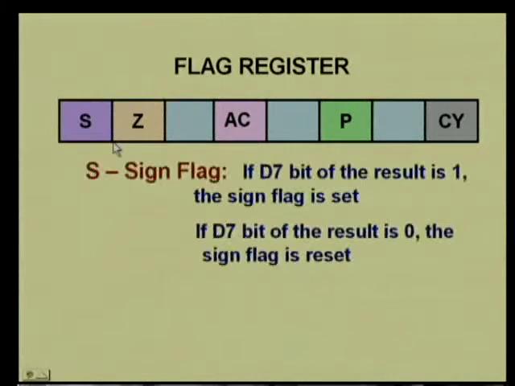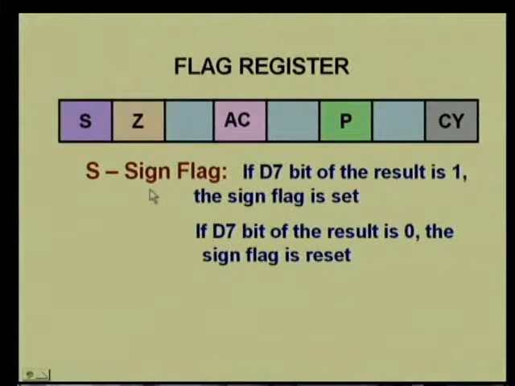Sign flag. Once an arithmetic or logical operation has been performed over the data, if the D7 bit of the result is 1, then the sign flag is going to be set. This sign flag is used in sign magnitude data representation.